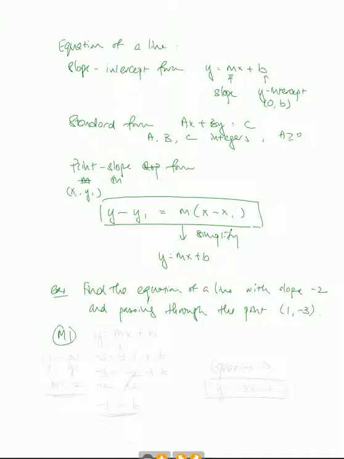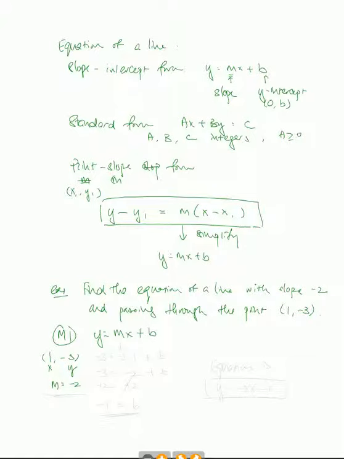There's one method that's discussed, where you start with the slope-intercept form. Knowing that the point is (1, -3) tells you that x is 1 and y is -3, and knowing the slope is -2 tells you m is -2.